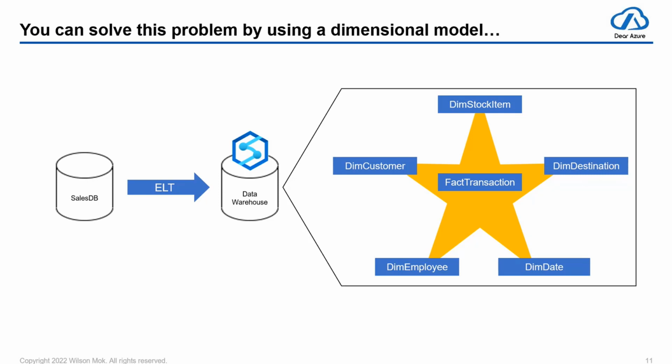Now what do we store in the fact, in this case the fact transaction? Fact tables are usually used to store events and measures. A simple example would be for us to store the profit or the number of sales that happen for each day.